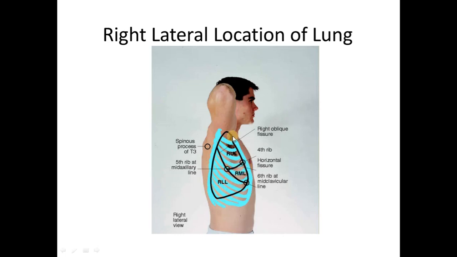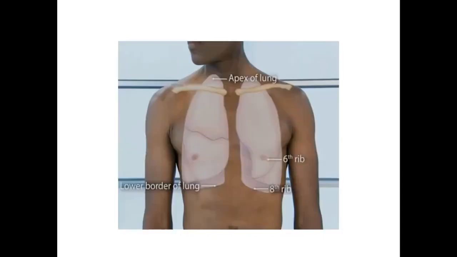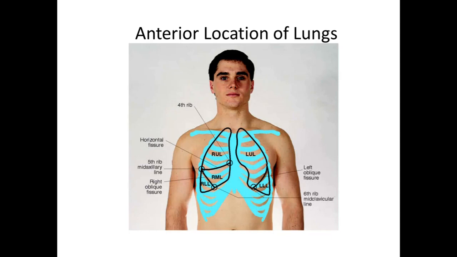So it divides the right upper lobe and the right middle lobe. This is the anatomical landmark, while on the left side we don't have a transverse fissure, only the oblique fissure that divides the left upper lobe and left lower lobe.